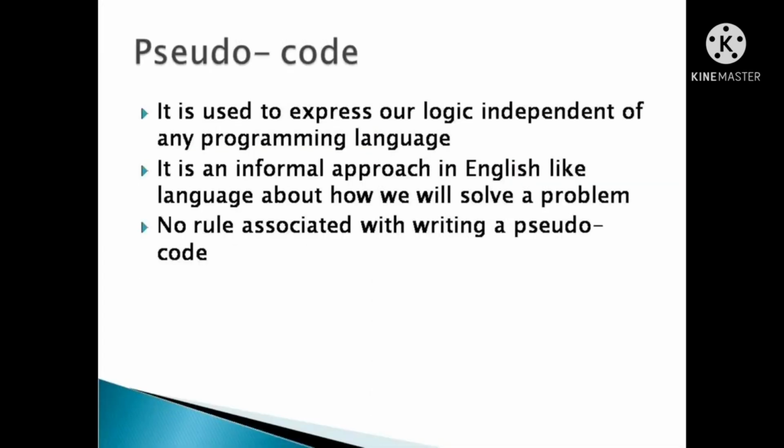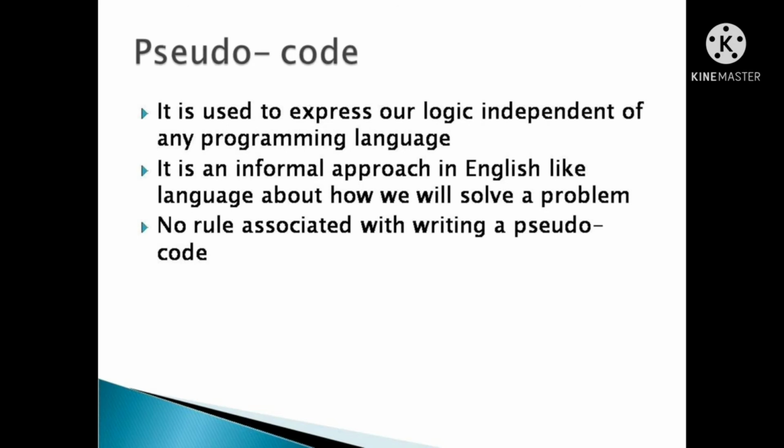Next, we are going to discuss pseudocode. Pseudocode is used to express our logic independent of any programming language. As the name suggests, it is not real code. It is an informal approach, in English-like language, to how we will solve a problem.